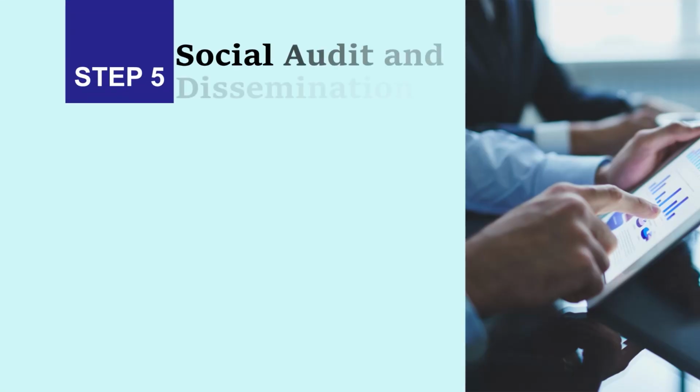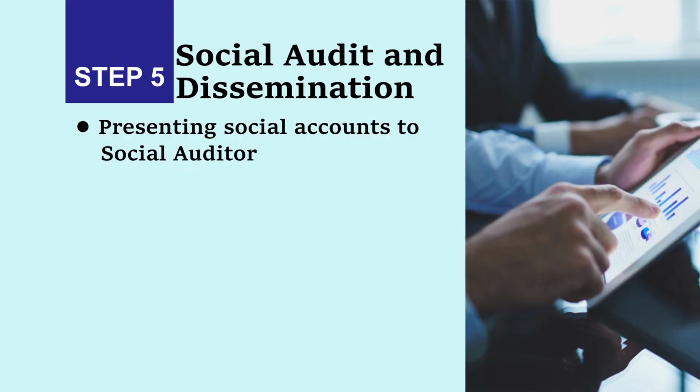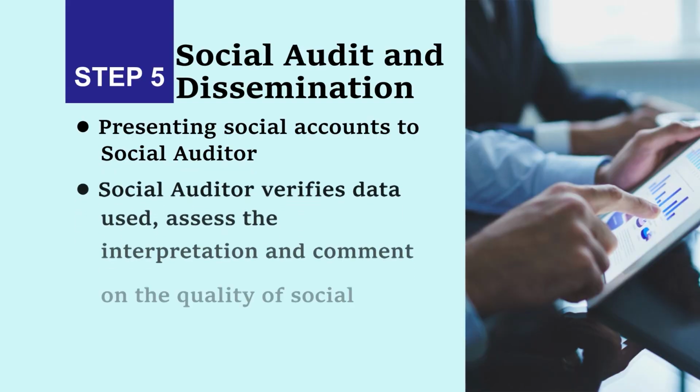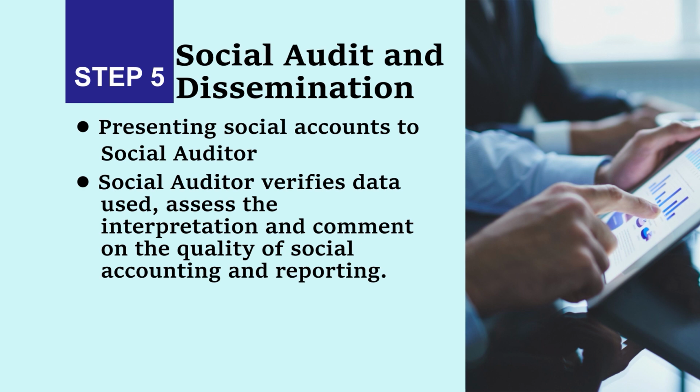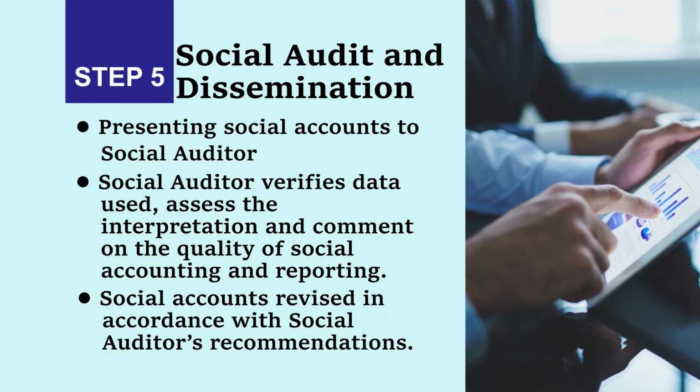As far as step 5 is concerned, we call it social audit and dissemination. In this step 5, the significant processes are presenting social accounts to the social auditor. The social auditor verifies data used, assesses the interpretation and comments on the quality of social accounting and reporting. Social accounts are revised in accordance with the social auditor's recommendation.